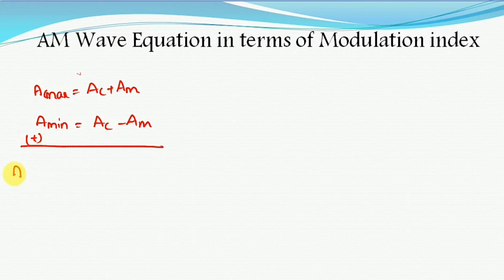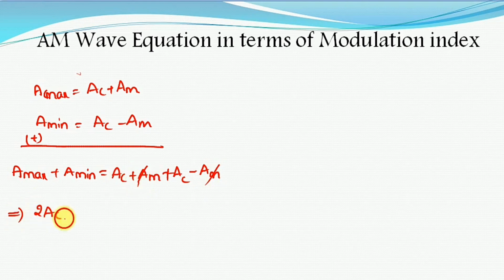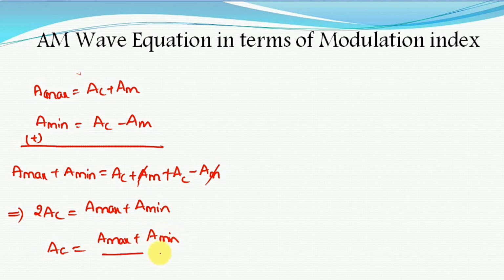Then I can write A maximum plus A minimum is equal to Ac plus Am plus Ac minus Am. So Am gets cancelled. Finally 2Ac is equal to A maximum plus A minimum. So the Ac value is A max plus A min by 2.